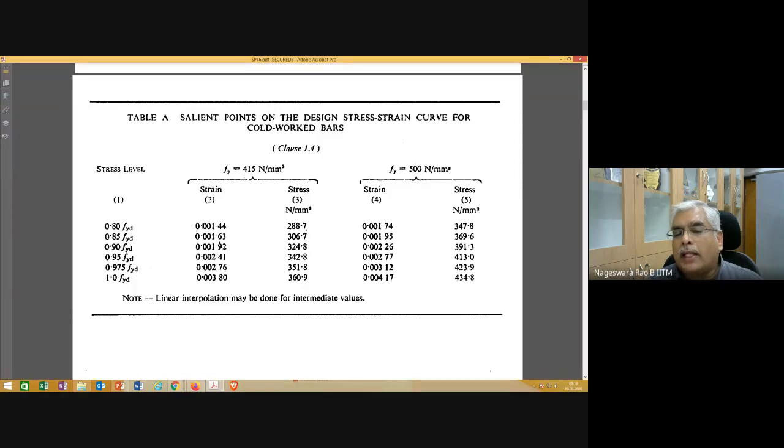Quickly, can somebody cross check that? This stress value, 288.7, what I am saying is it is equal to 0.8 multiplied by 415 divided by 1.15. Please check it.